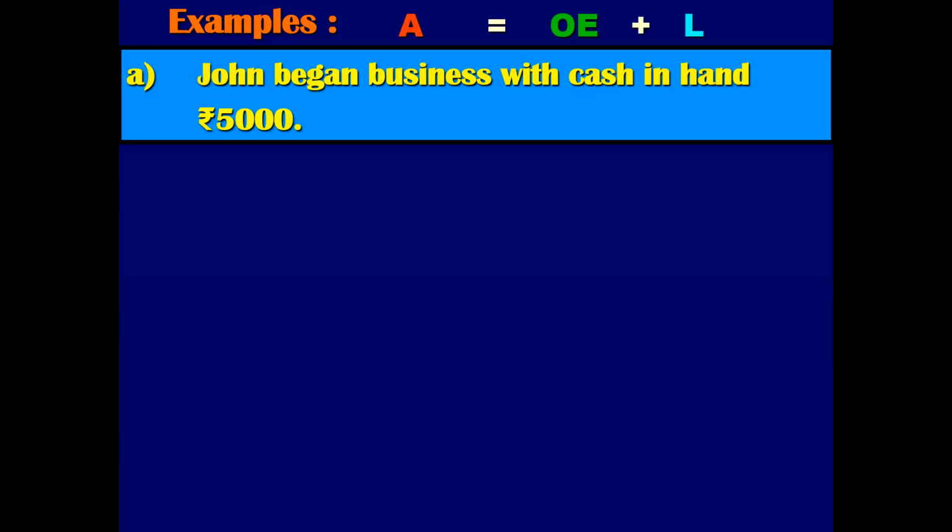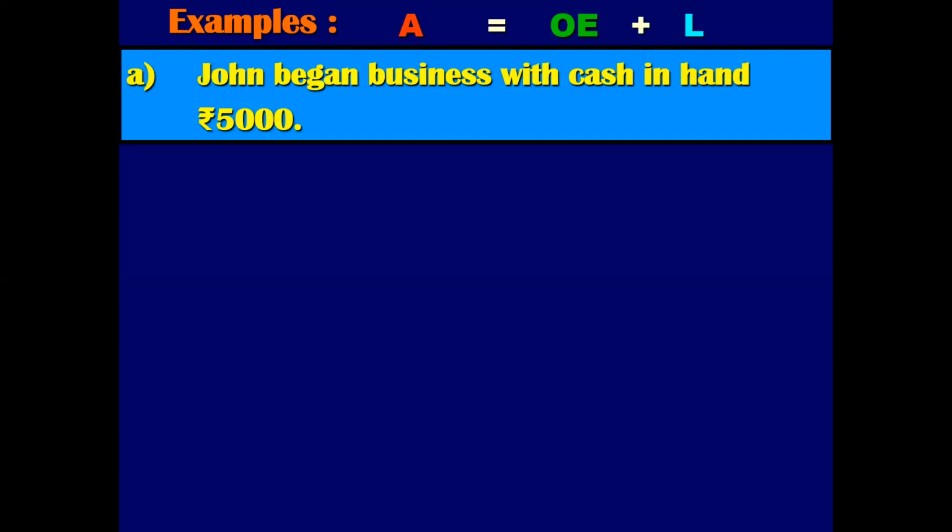This is your first character. When an asset increases, then liability also increases. This is your first rule. Asset means cash, and cash is called a current asset.